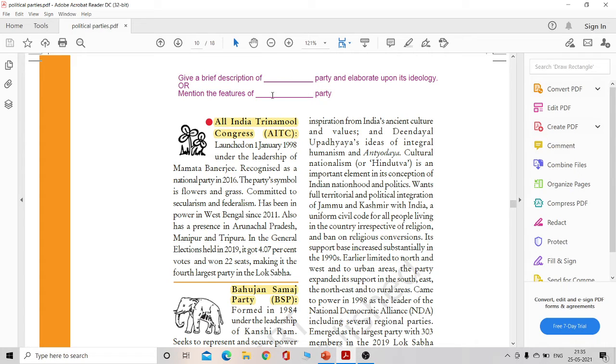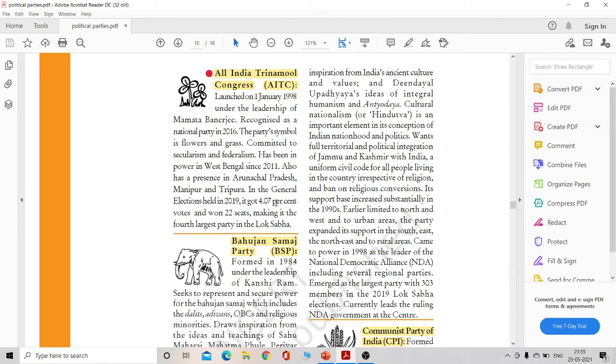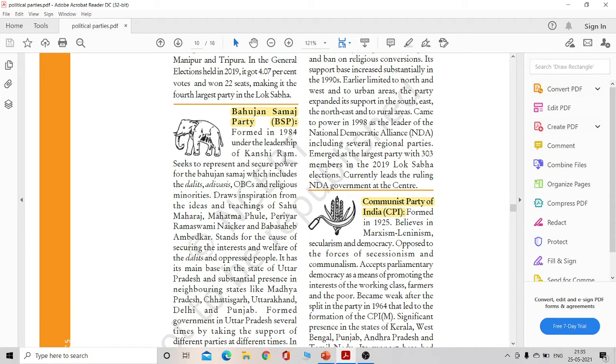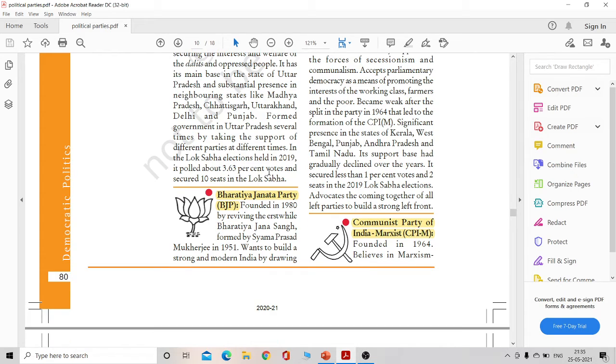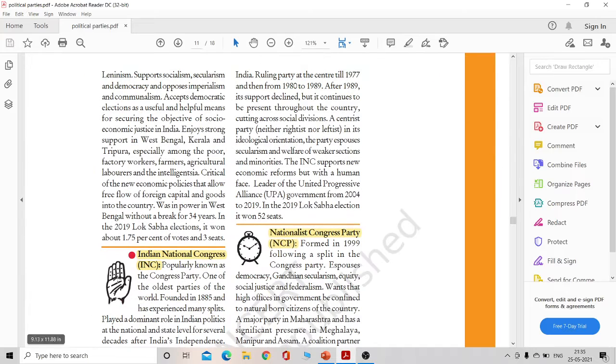So the template of the question is the same, but they can choose any political party. The answers, of course, are very much mentioned here. However, I have seen in the question papers over the years that the board tends to pick particularly BJP, Communist Party, and Indian National Congress.